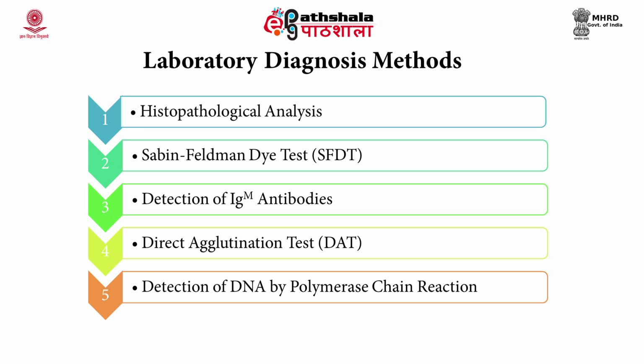Therefore, we will discuss some diagnostic methods like: one, histopathological analysis; Sabin-Feldman dye test; detection of antibodies; direct agglutination test; and detection of DNA by PCR, or polymerase chain reaction.